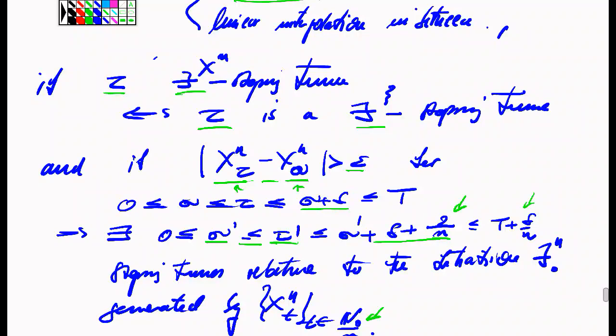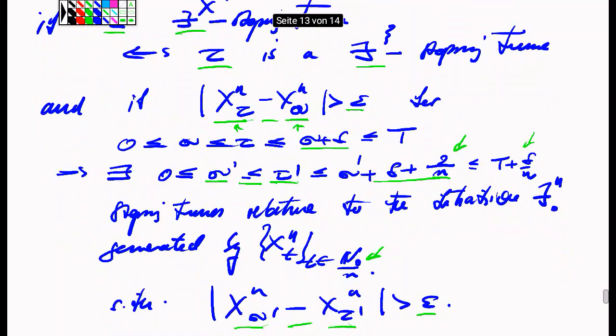So if we want to measure different elongations or different differences of evaluations of the process at different time points, and we ask what's the maximal difference, then it basically suffices to do this on the integer grid points.